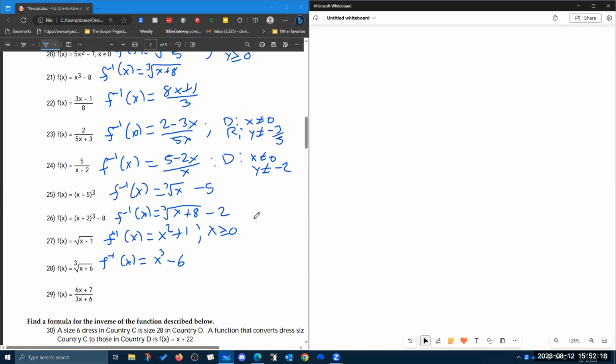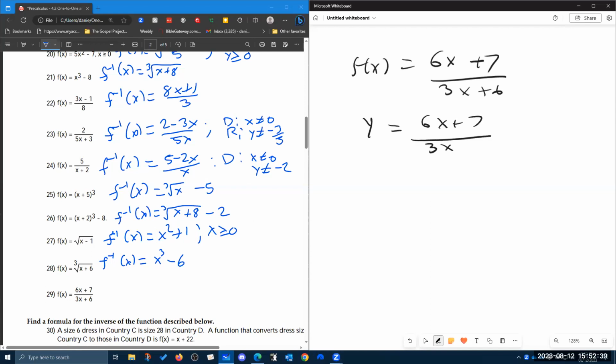And last but not least, 29, f of x is equal to 6x plus 7 over 3x plus 6. I'm going to replace f of x with y. We're going to switch x and y.